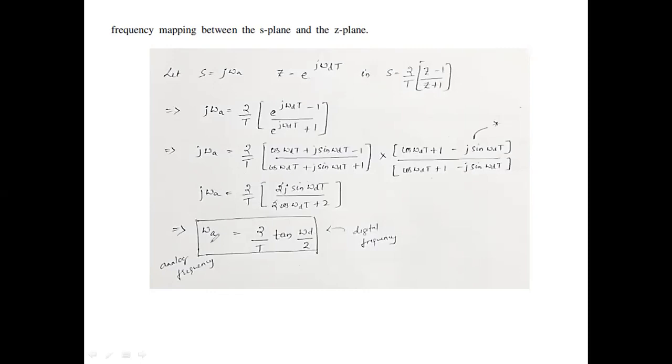What's the mapping? Every analog frequency omega maps to the digital frequency with the tan function. So analog frequency omega a is related to the digital frequency by this equation: omega a equal to 2 divided by T into tan of omega d T by 2. Now what's the deal with the tan? Do we remember tan? Tan is a spooky function.